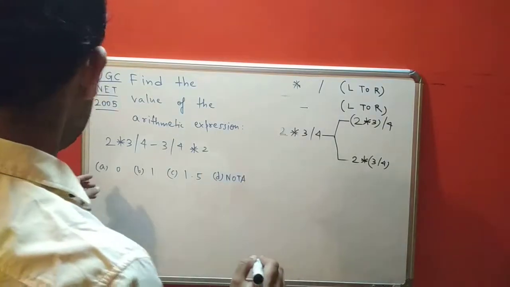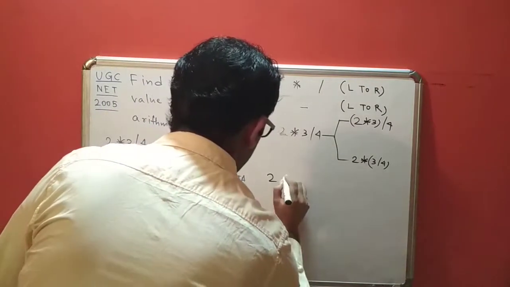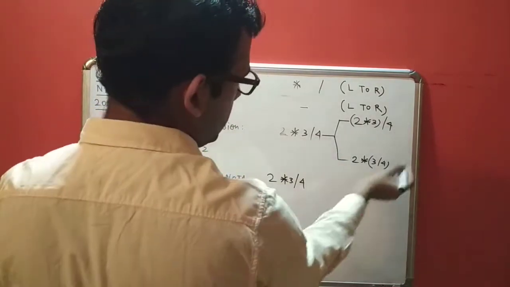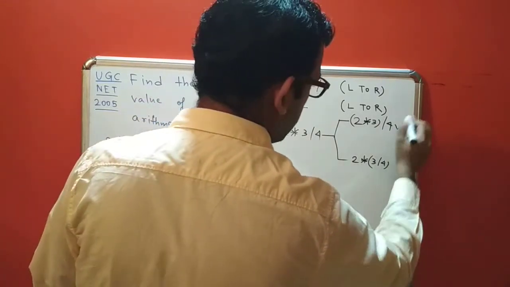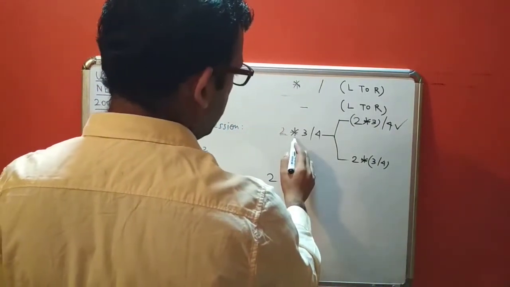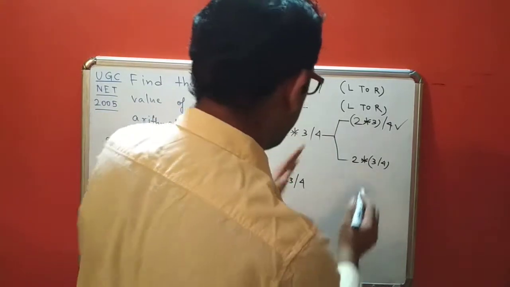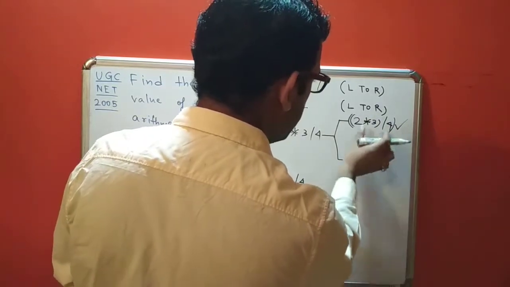So let's go step by step. Now I'll write the entire expression. I have 2 star 3 divided by 4. Which path should I follow? I should follow this path. Why? Because multiplication is left associative, so is division. So I'll go from left to right. I first evaluate the left part and then the remaining part.